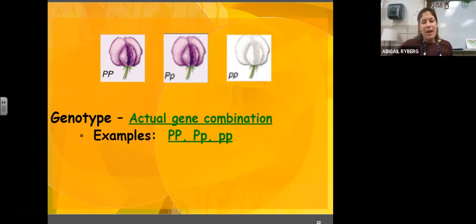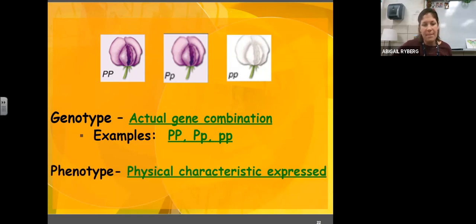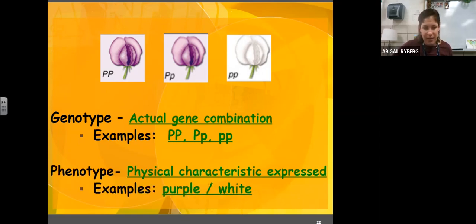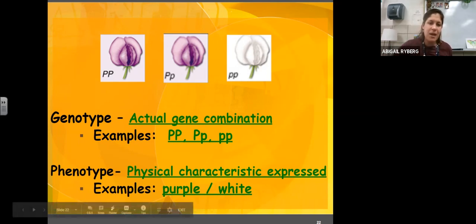Okay, so we'll be looking at a couple things. We'll be looking at genotypes, which is the actual gene combination. Examples of a genotype are the two alleles, so big P, big P, big P, little p, or little p, little p. The phenotype is the physical characteristic expressed. So phenotype, think physical characteristic.